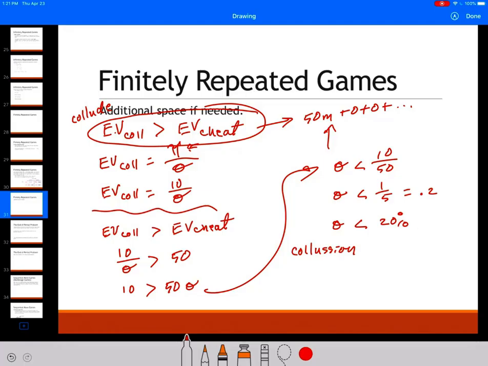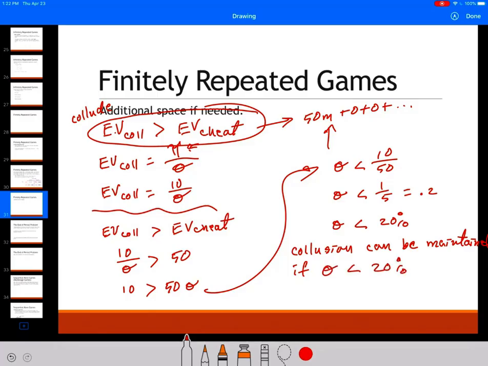So that means collusion can be maintained if the probability of the game ending, that is theta, is less than 20%.